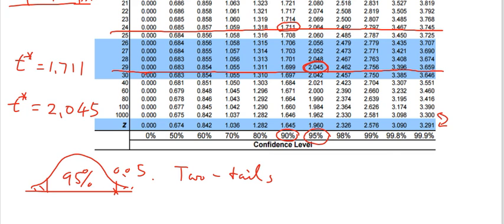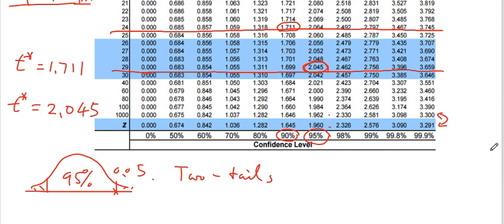Not much different. Like here, Z for 95% confidence is 1.96, and here is 1.962. Right? So when n is quite big, the difference is not so significant. So we can use Z star, T star, doesn't matter.